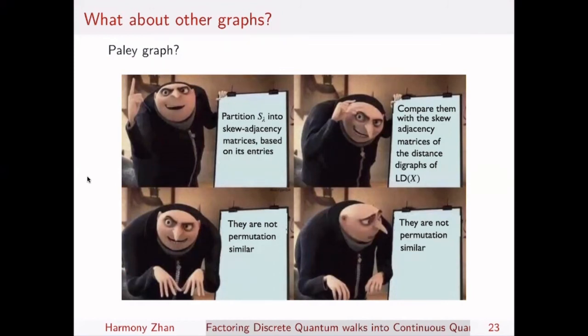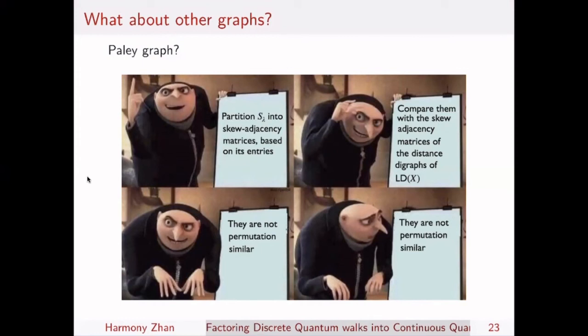And then my wishful thinking is maybe I can compare them to the distance digraphs of the line digraph and see if there is an isomorphism between them. It turns out they are not isomorphic. So none of these oriented graphs obtained from weights of the S1 coincide with the distance digraph of the line digraph of X. So that really broke my heart for like 5 minutes until I realized why it doesn't work.